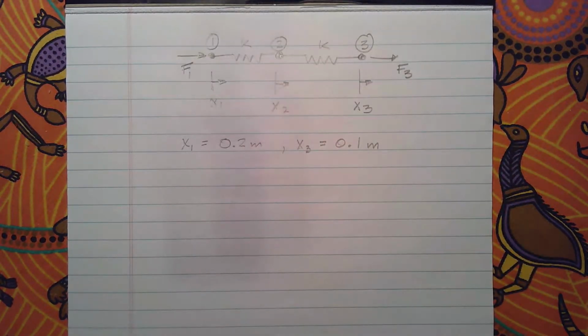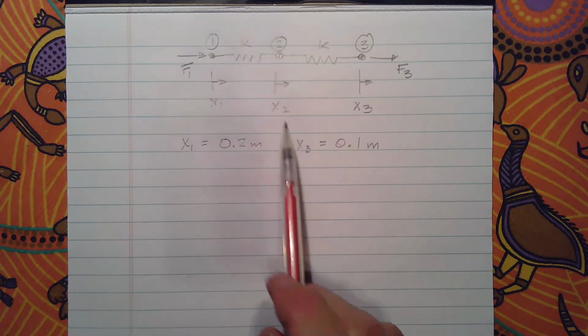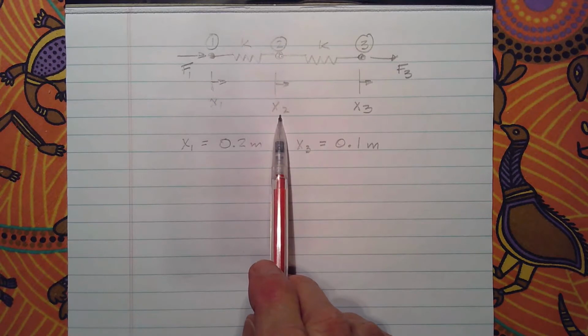Actually, what you can see is that this system is going to be in compression because the left hand node moves further to the right than the right node does. What's unknown here is we don't know what F1 is, and we don't know what F3 is. We also don't know the nodal displacement at 2.